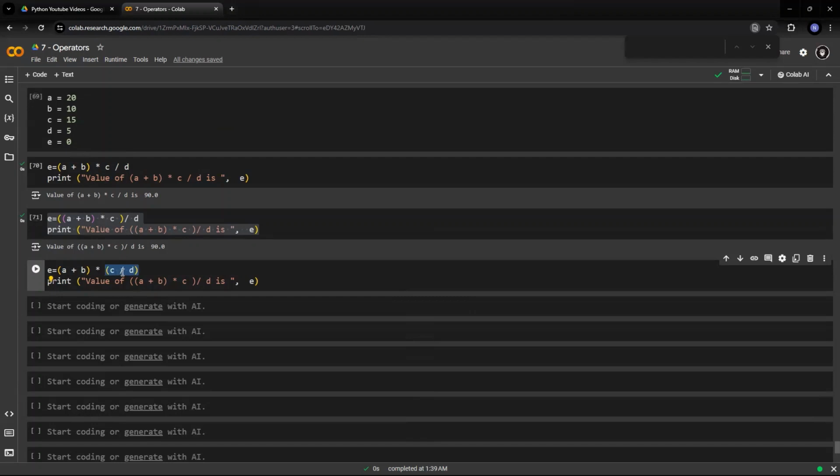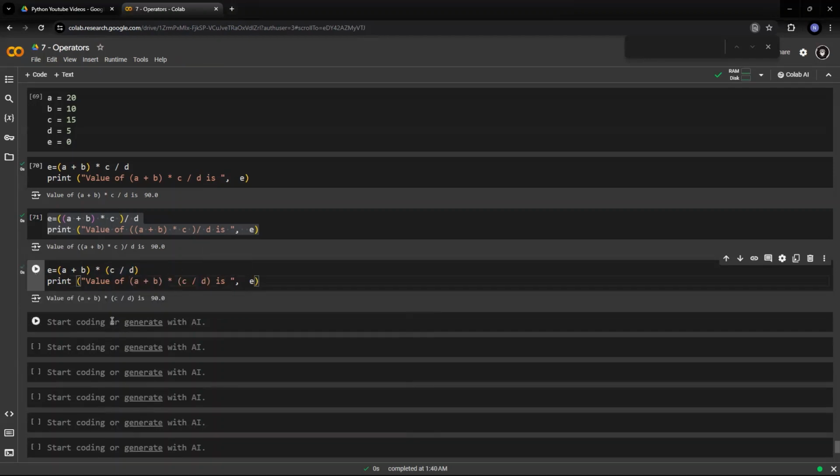So 30 into 3 should give you 90 again. Let me put the brackets properly and format the print statement. Let's see what is the answer. So 90. Here, A plus B has been evaluated, and C and D also got evaluated because they are inside the brackets. By order of precedence, it first evaluates the brackets and then comes out of it and multiplies the both.